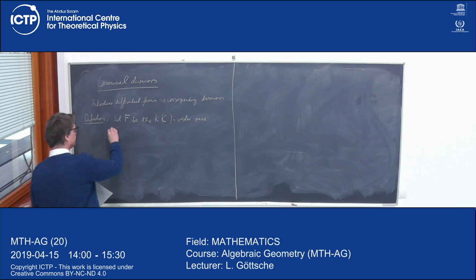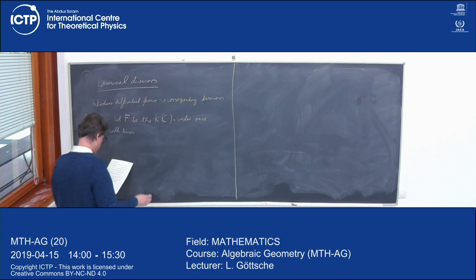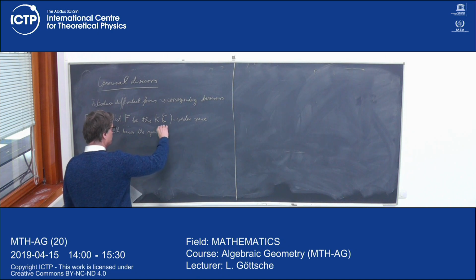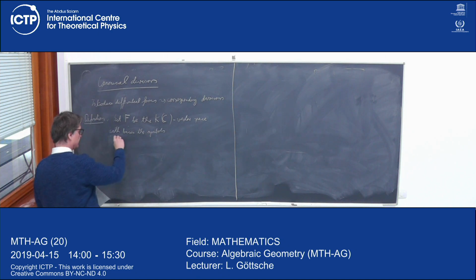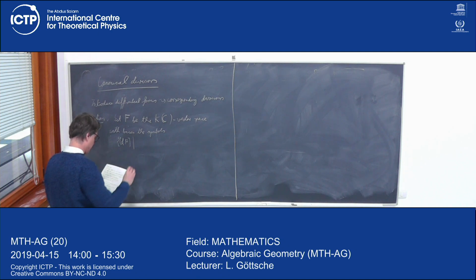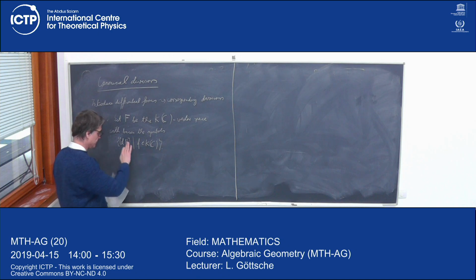So with the basis, the symbols, I write this [df], with a bracket around it, f in K(C). So for every f, obviously the f should be the same, so this is small f.